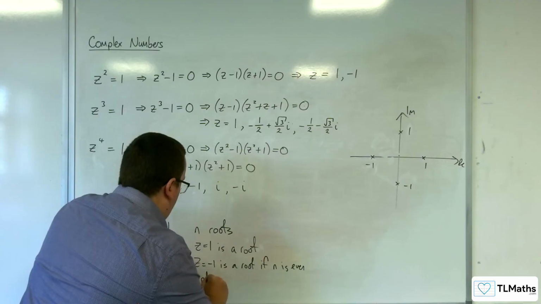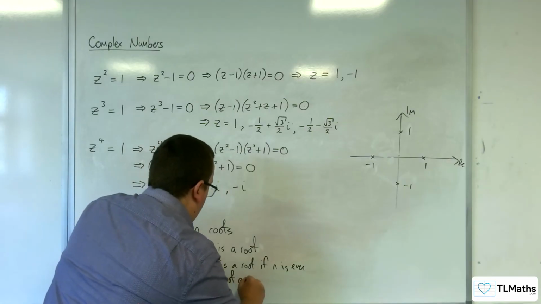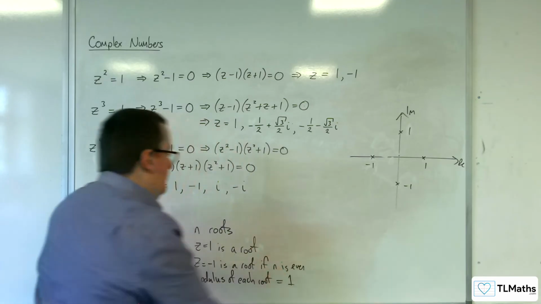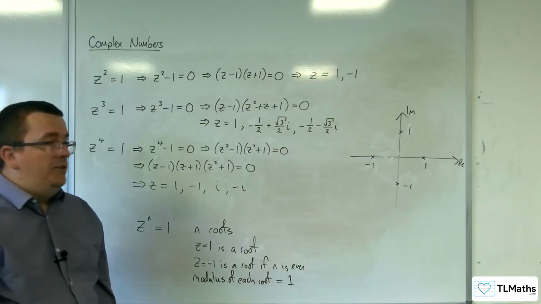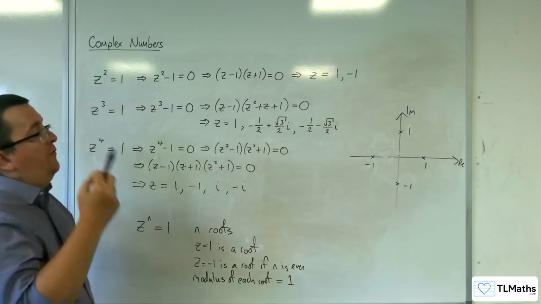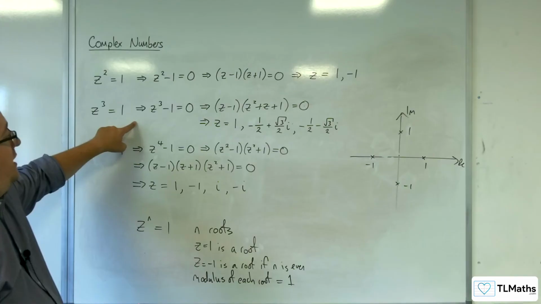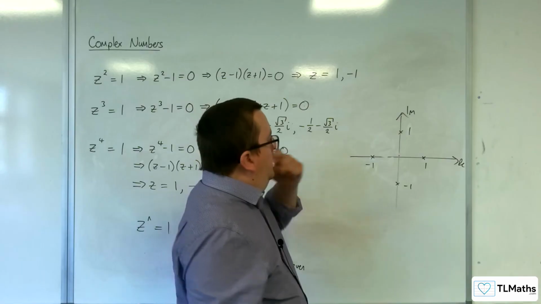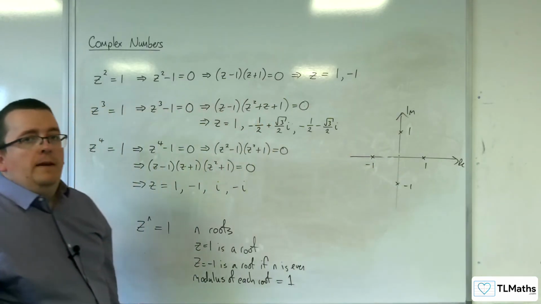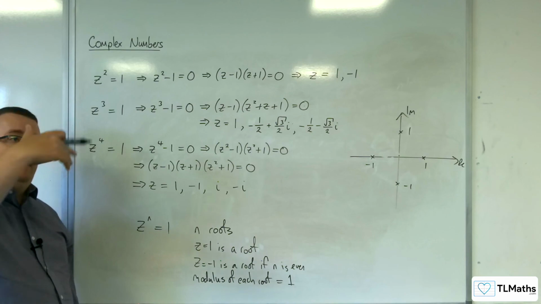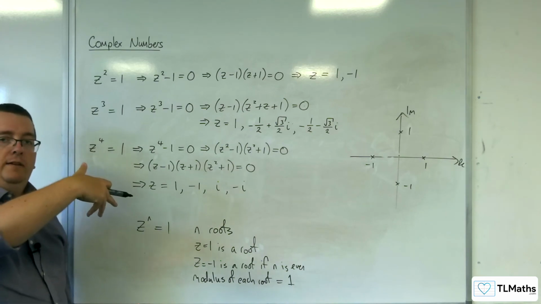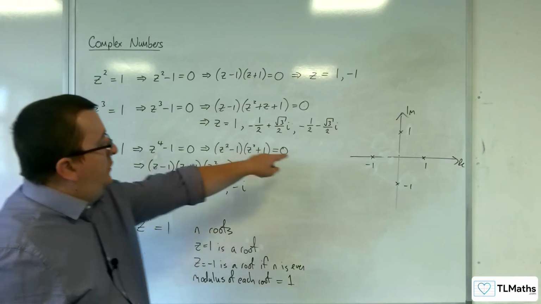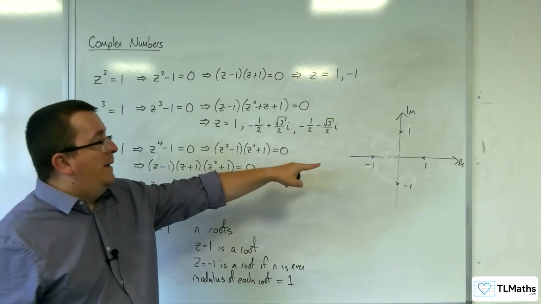So the modulus of each root equals 1. And on top of that, what we found was that for z cubed equals 1, it formed a triangle centered at the origin, and relating back to one of the previous videos, that was actually forming an equilateral triangle. This one you can see is forming a square.